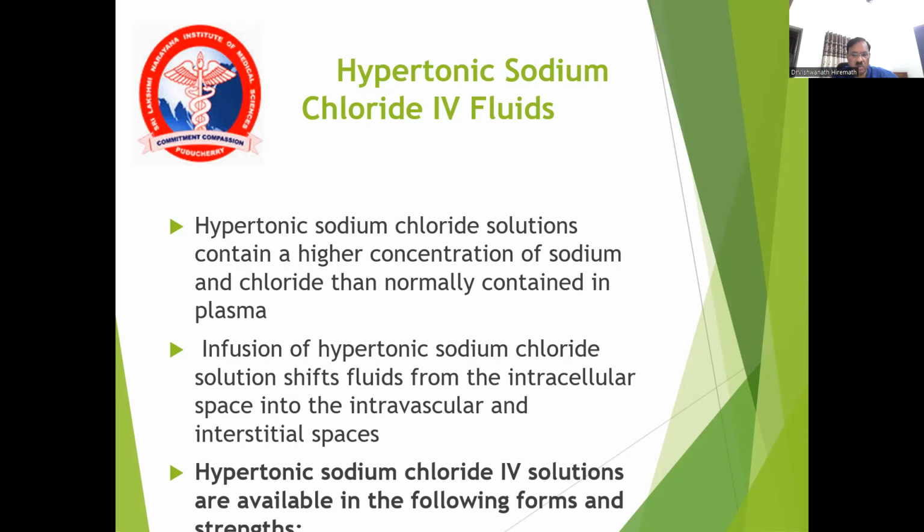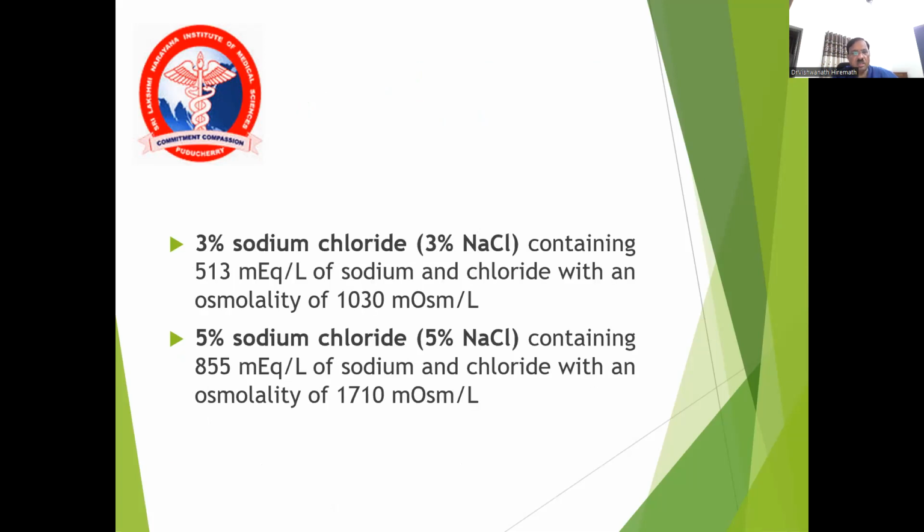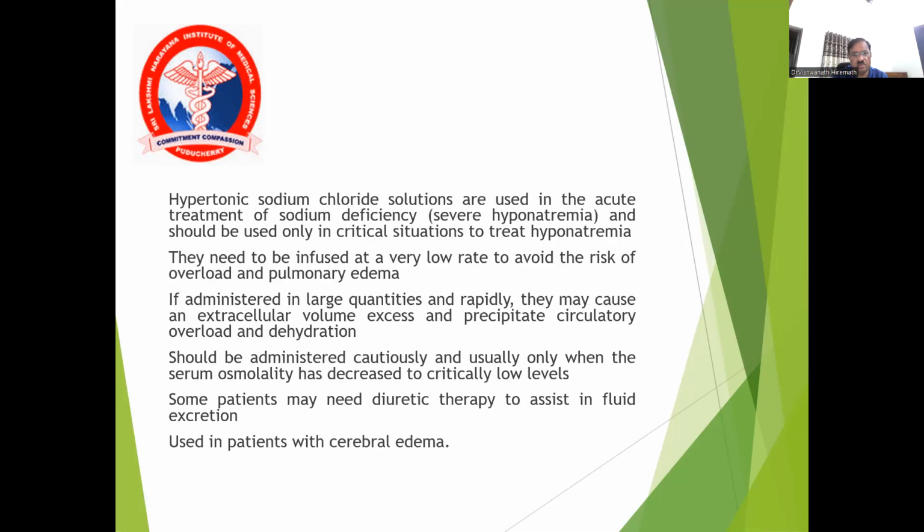Hypertonic sodium chloride solutions are available in two strengths, 3% and 5%. 3% sodium chloride contains 1030 milliosmoles per liter of solutes, which include 513 milliequivalents of sodium and 513 milliequivalents of chloride. 5% sodium chloride, on the other hand, contains 1710 milliosmoles per liter of solutes, 855 milliequivalents per liter of sodium and equal 855 milliequivalents per liter of chloride.